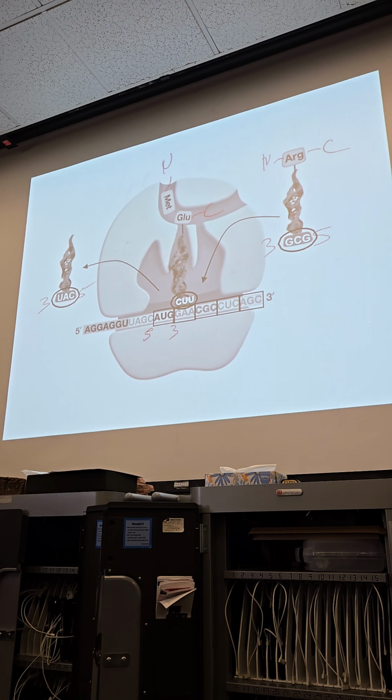What did you say? Just count them. From the RBS, the binding site.